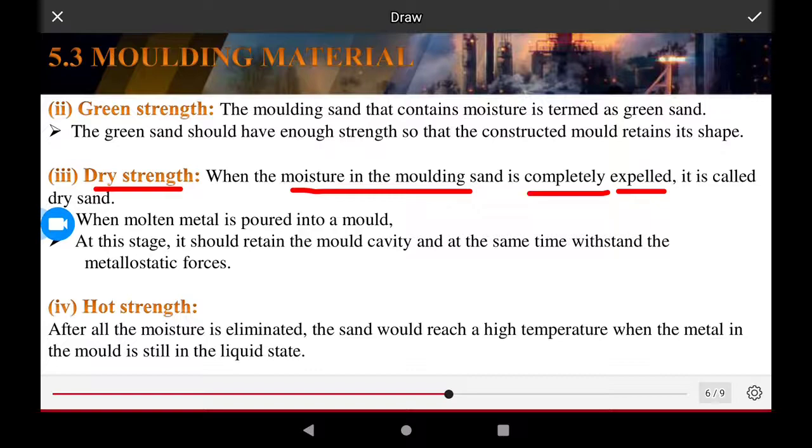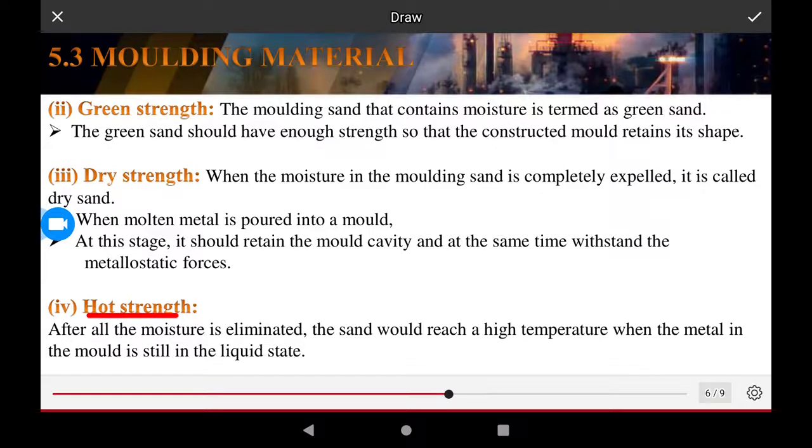When the molten metal is poured into the mold, at this stage the sand should retain the mold cavity and for some time withstand the metallostatic forces. Hot strength: what is the hot strength?